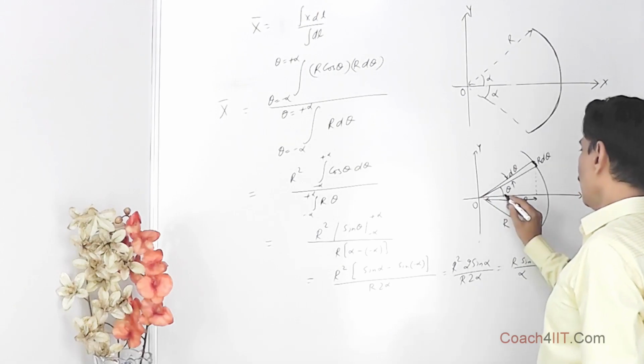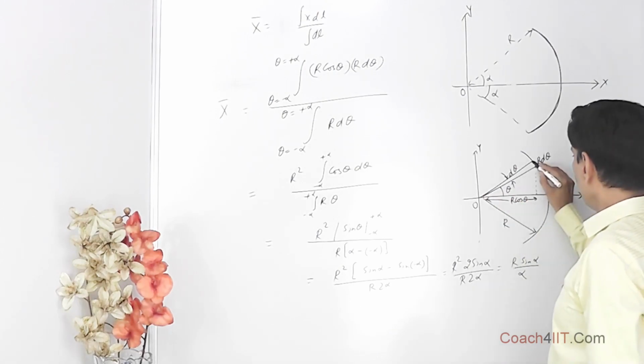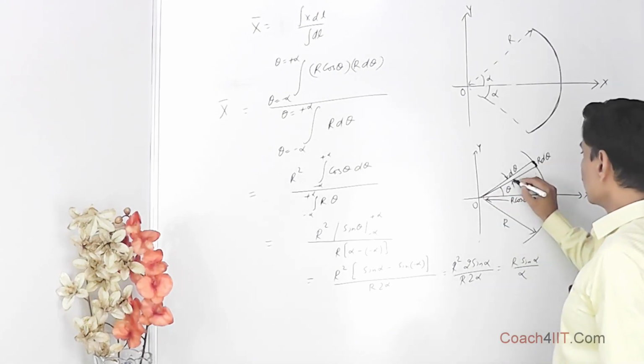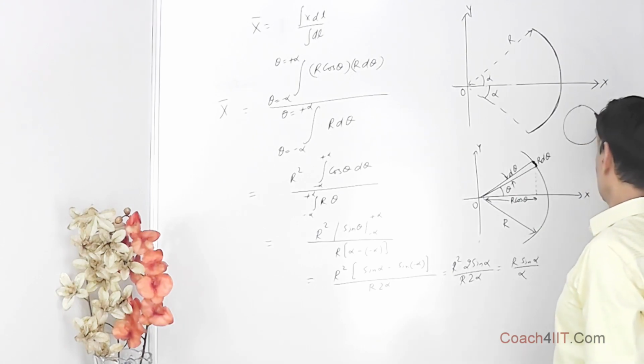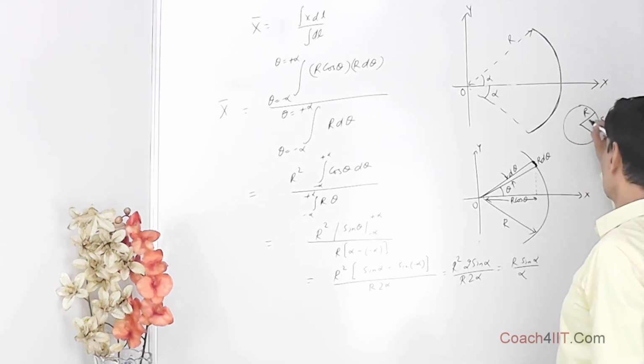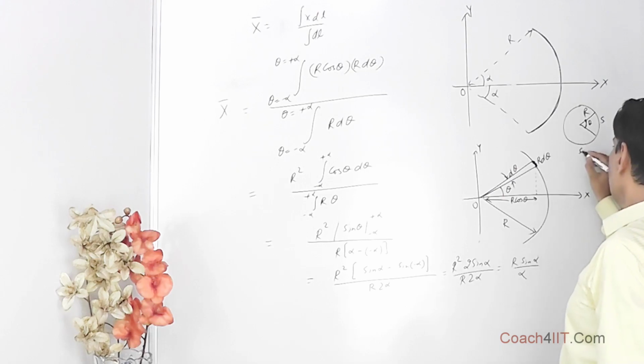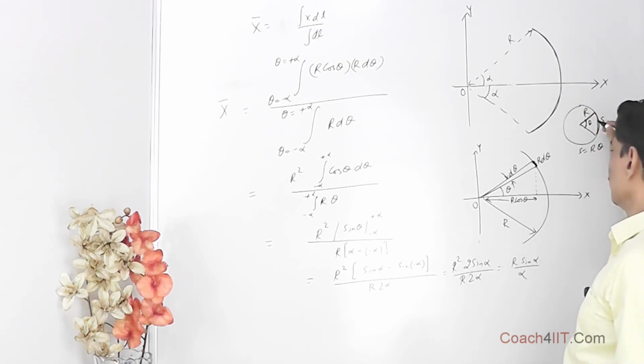So at a general angle theta, we take a very small section subtending an angle d theta. This angle enclosed is d theta, the differential element. We know that s is equal to r theta, a relation we have used a number of times: the length of arc is r times theta, the angle enclosed in radians.